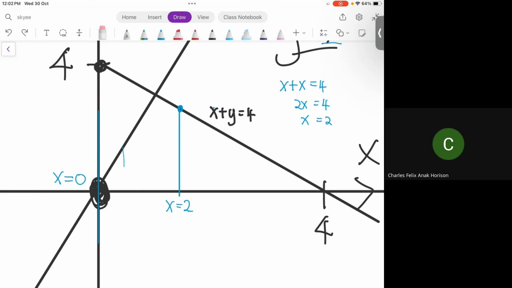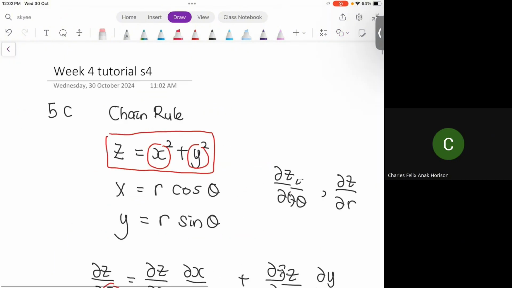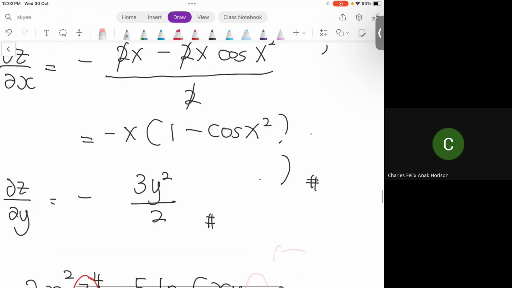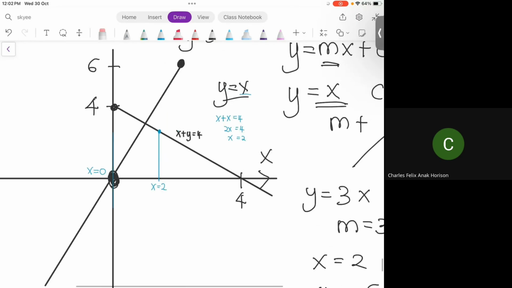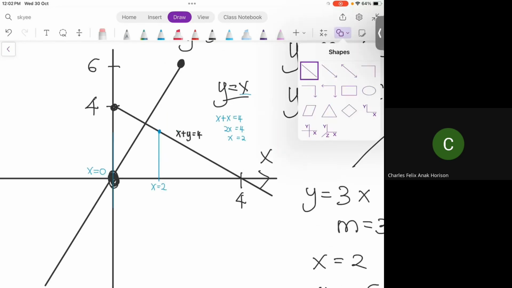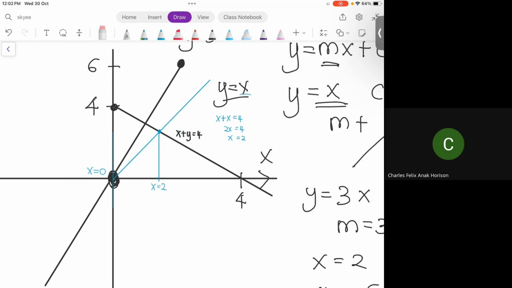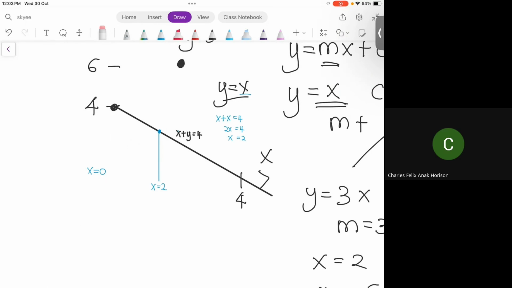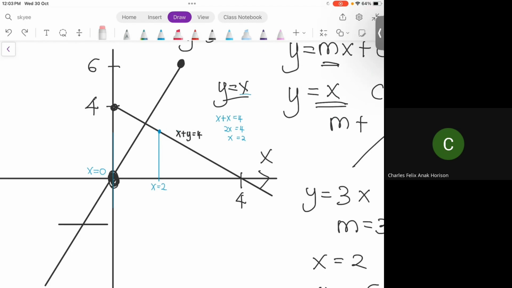Never mind. Let me draw again. Oh, this one is not suitable.